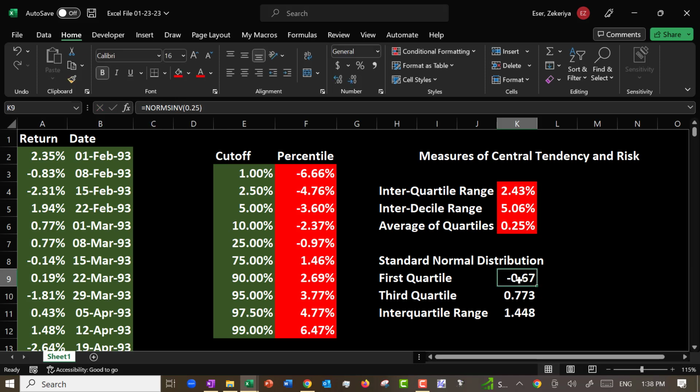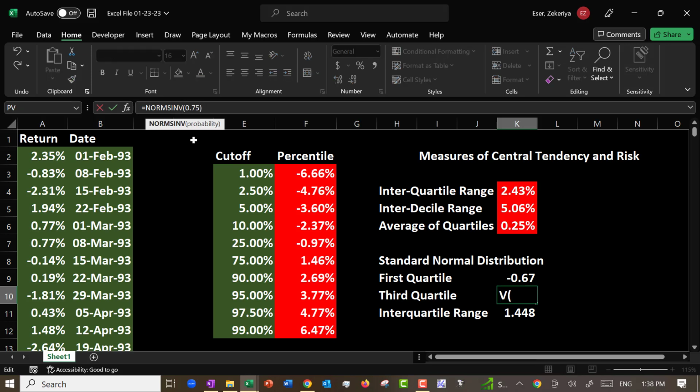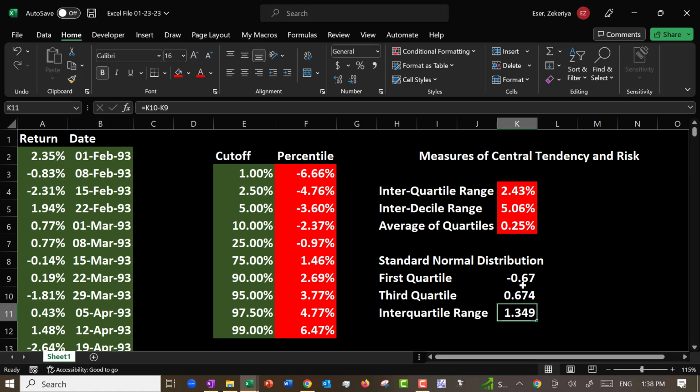I'm looking for the number such that for standard normal distribution, there's 25% probability to the left. Same thing here. So for standard normal distribution that has a standard deviation of 1, interquartile range is going to be about 1.35.